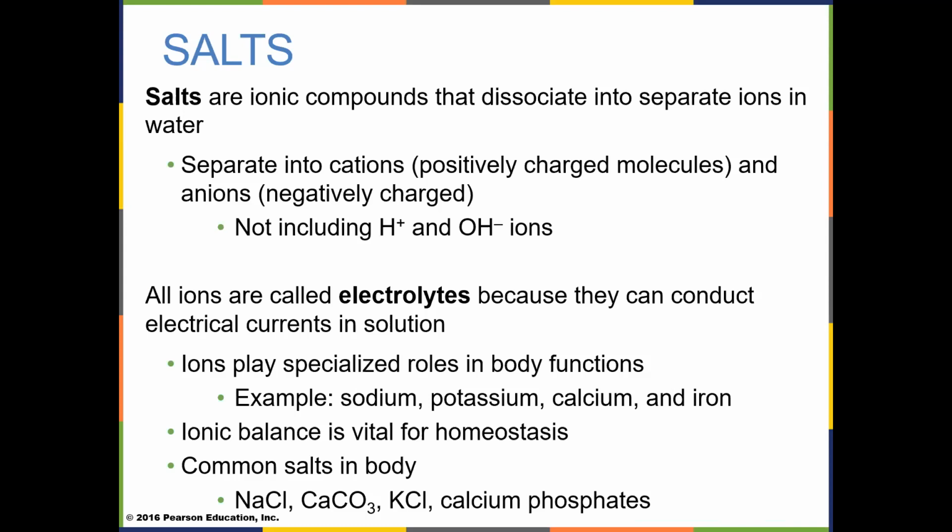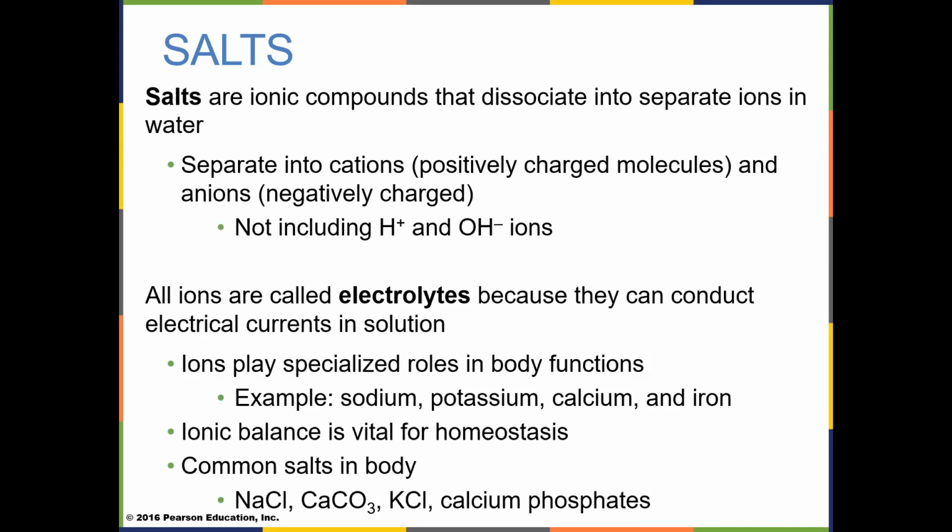Now, salts are really important to us. Salts are the ionic compounds. Remember, an ion is an atom that has gained or lost an electron. It's either positively charged or negatively charged. And a salt is any ionic compound that has, as I say, disassociated into its separate ions.